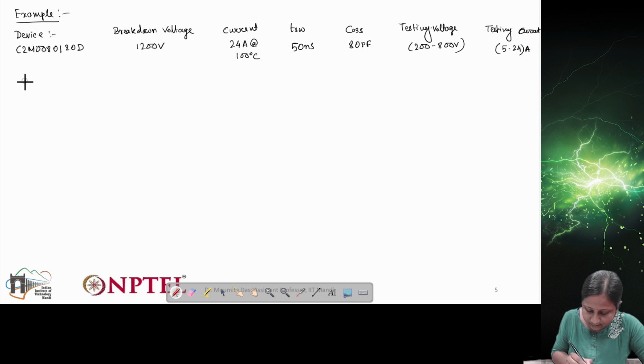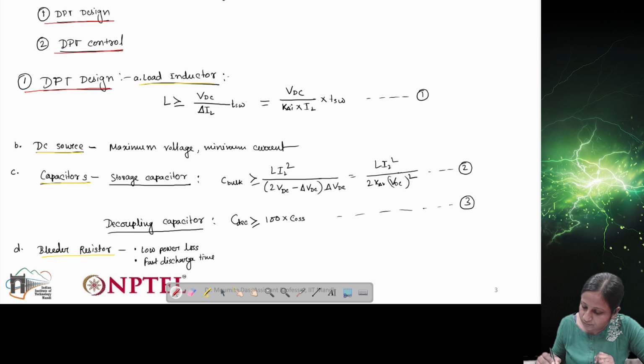Let me write it in a different color, so that it will be visible properly. So the first thing is the inductor. What was the formula for the inductor? You can go back to the previous slide and see here: VDC divided by K delta I multiplied by IL into TSW.